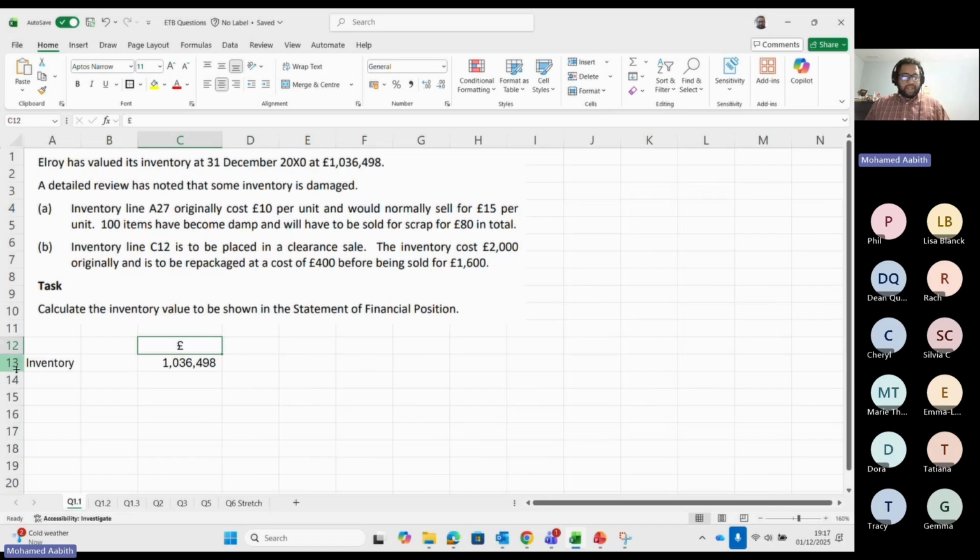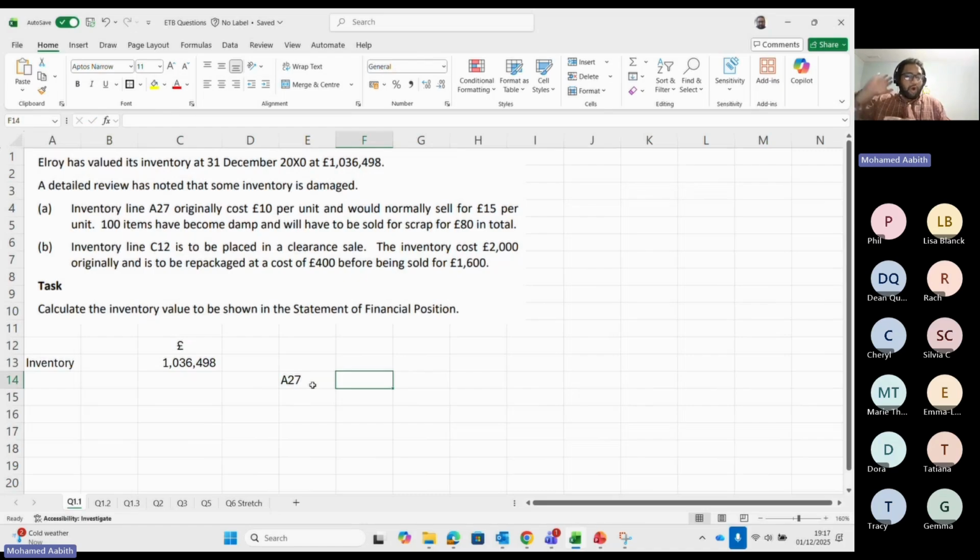So the next one is the inventory we have in question. There are two of them. One of them is A27. It costs you £10 per unit and would normally sell for £15 per unit.